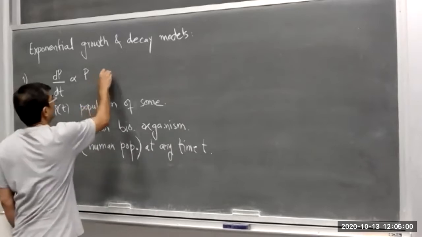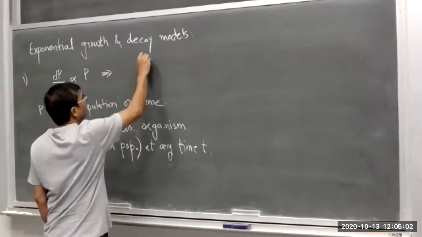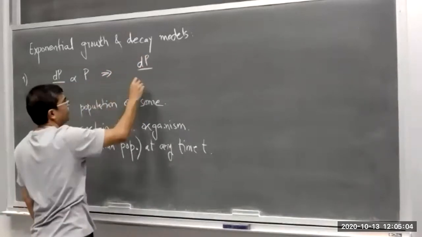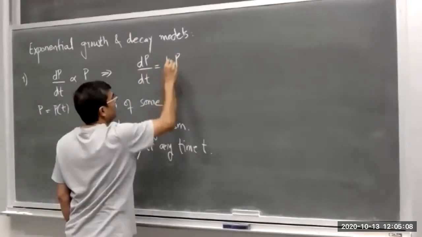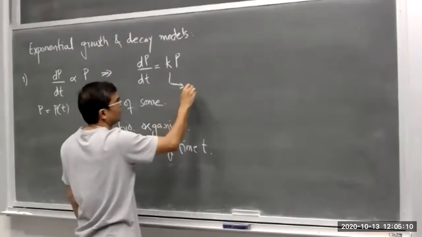If we write it properly without this sign of proportionality, then we can write this as kp, where k is what? Growth rate.